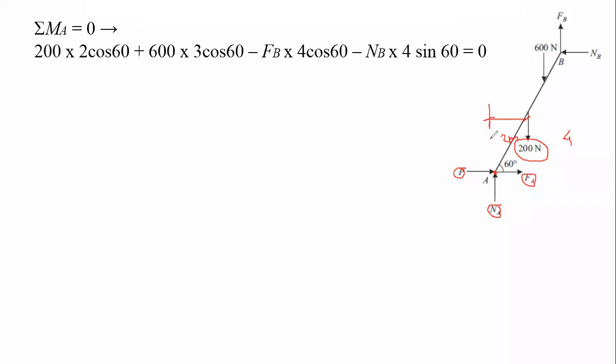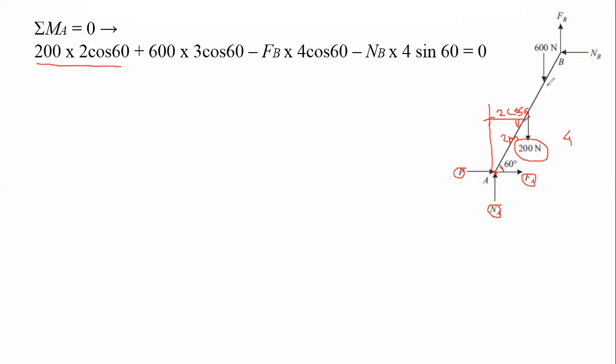If this angle is 60, this angle will be the same 60. The adjacent component is the cos component, so 2 cos 60 will be the perpendicular distance, that's why 200 into 2 cos 60.